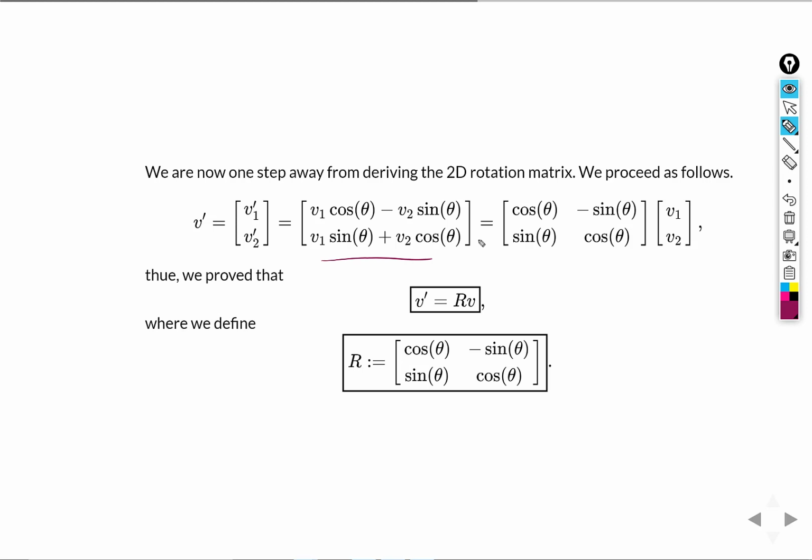Now we can recognize that this vector is a result of multiplying this matrix here and a vector v. We call this matrix R. So we just proved that v prime is the result of applying a rotation matrix to v.